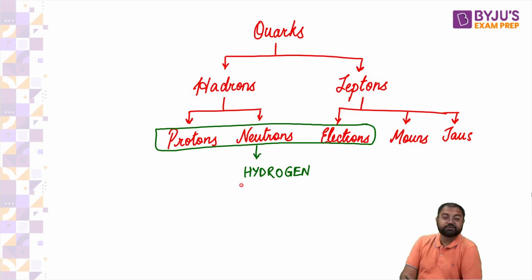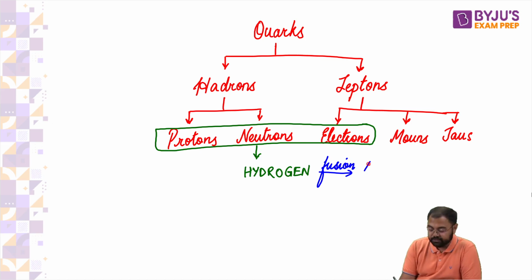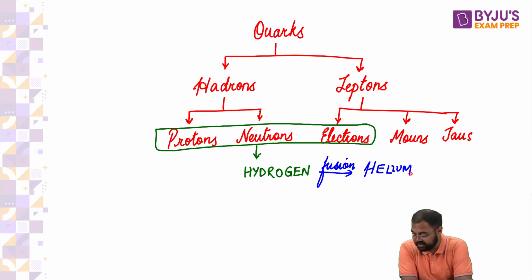And this hydrogen further, with nuclear fusion, led to the formation of helium. So the formation of hydrogen and helium began very quickly, just after the formation of the universe, and for almost the next 380,000 years, only hydrogen and helium were being formed.